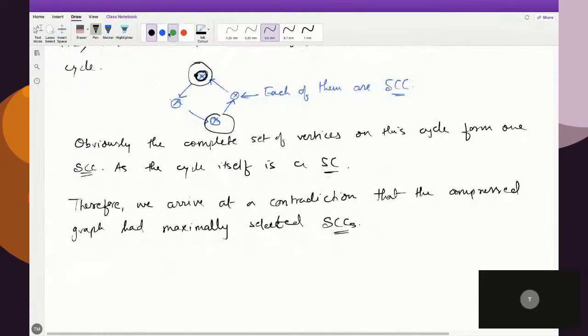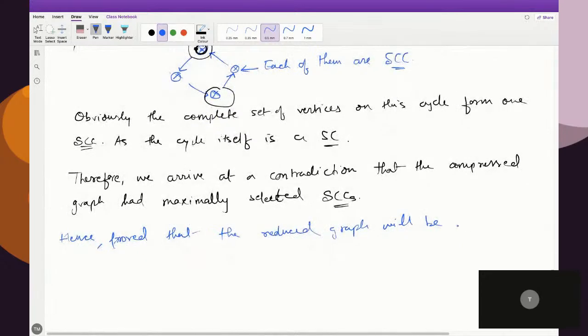So therefore, hence proved that the reduced graph will be a DAG if the strongly connected components are selected maximally.